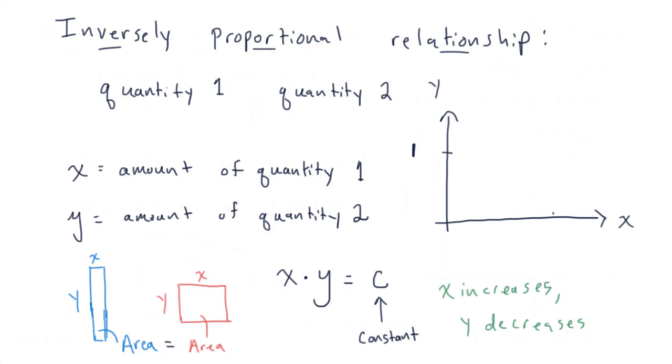Let me actually draw it right here, so c. So if y is 1, x is c, and then if x is 1, y should be c. Okay. Then we sort of have everything in between. So the graph is going to look like this.